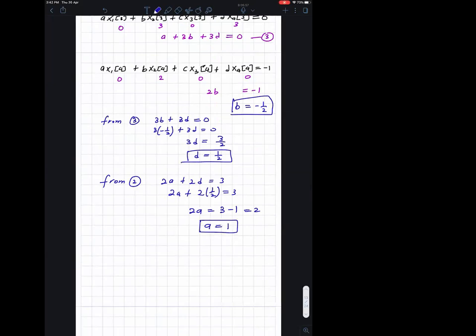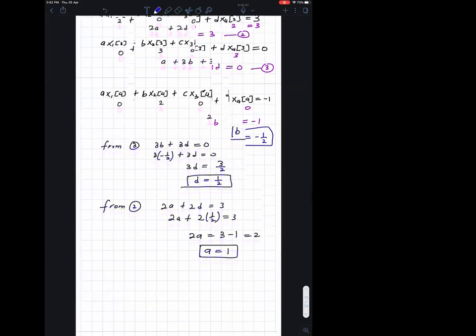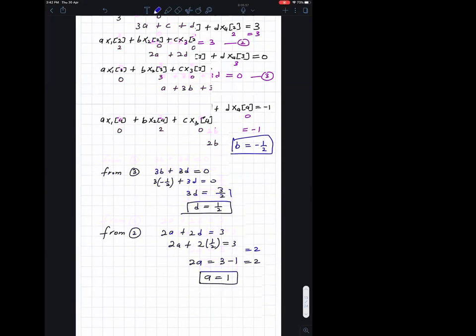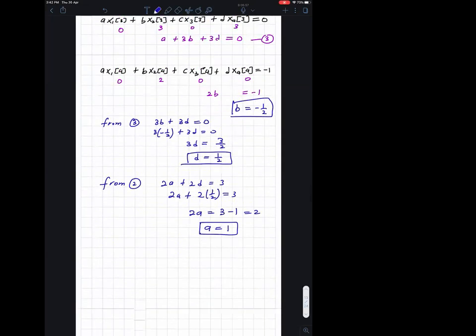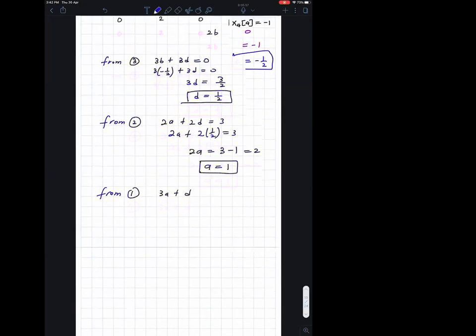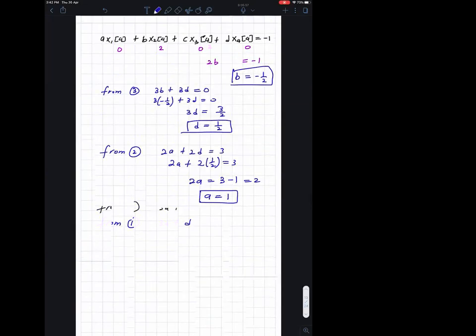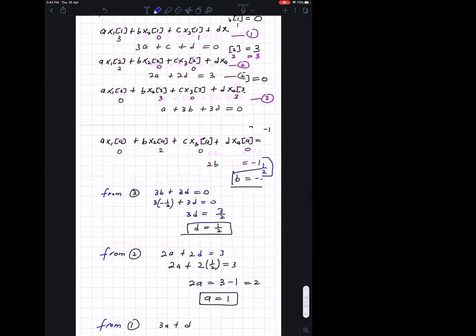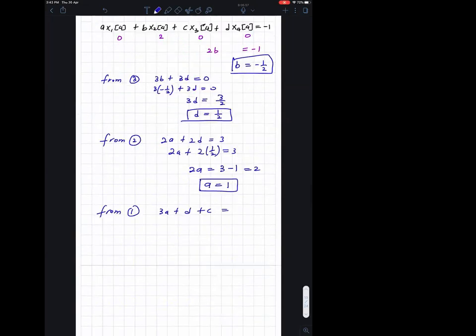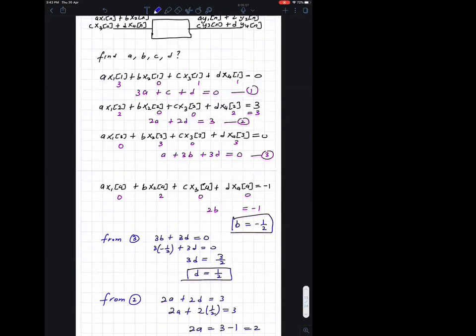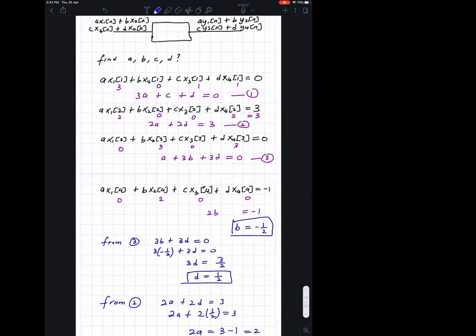Then what's going to be the last one? The last one, we need to find C. So from 1, 3a plus C plus D is equal to 0. You plug in all those values.